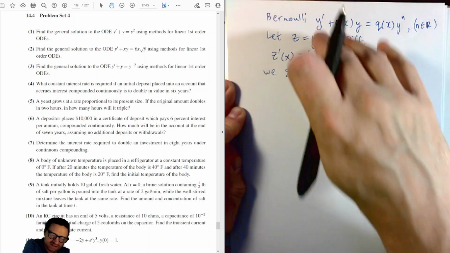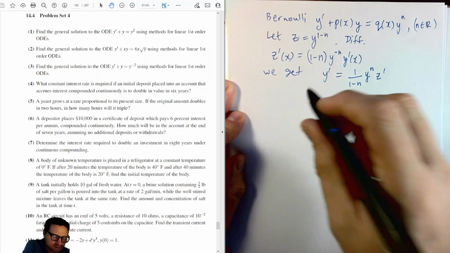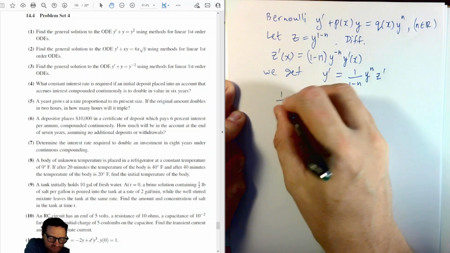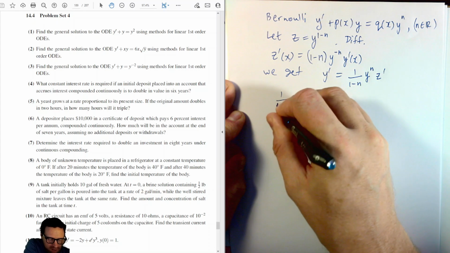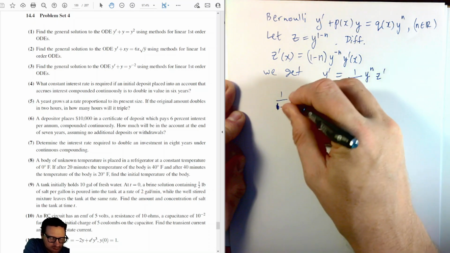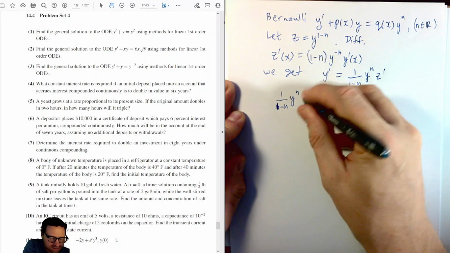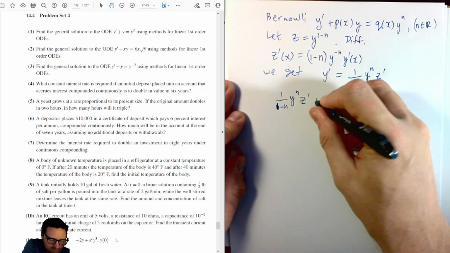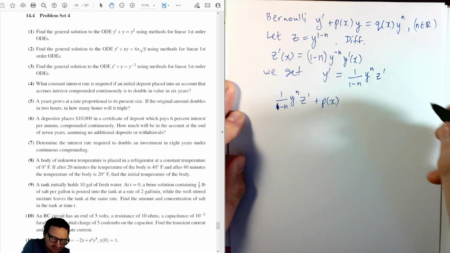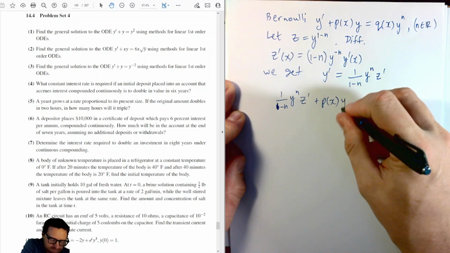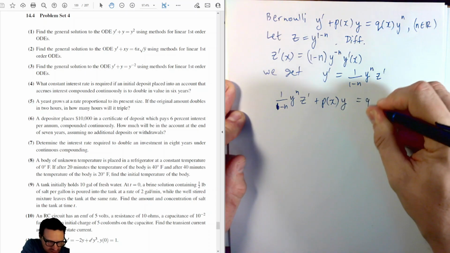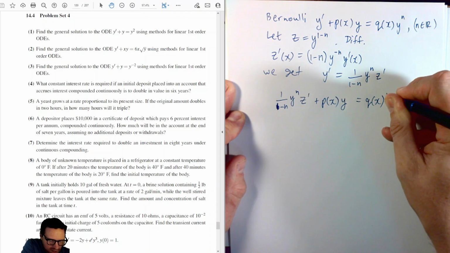Okay, and so now we can substitute that in there, and so then we get 1 over (1 minus n) y to the power of n z' plus p(x) times y is equal to q(x) y to the power of n.